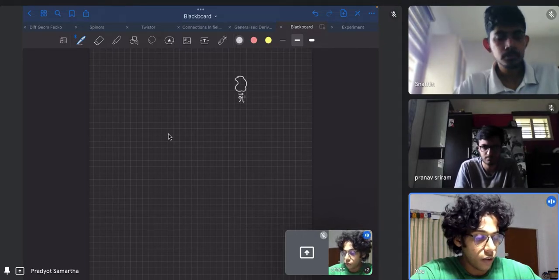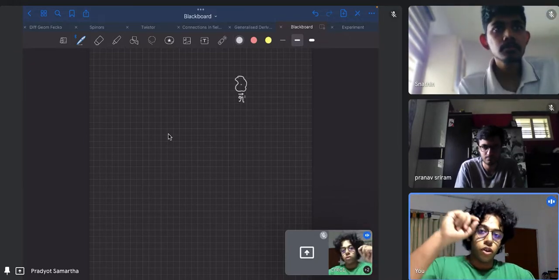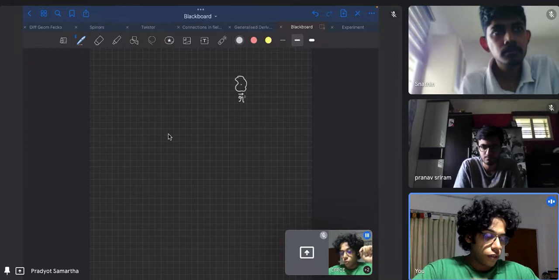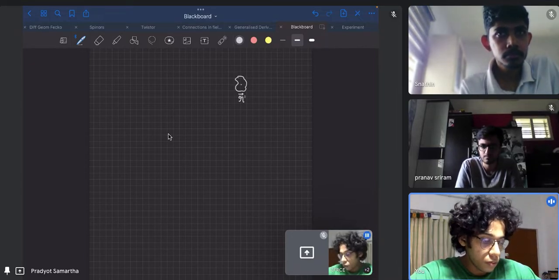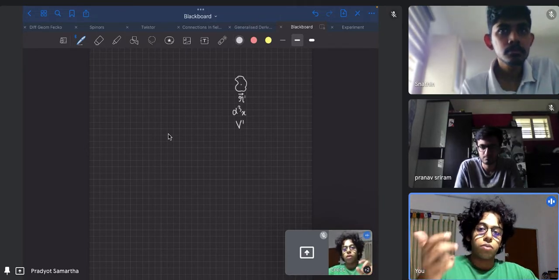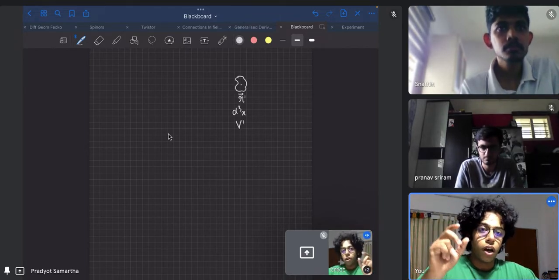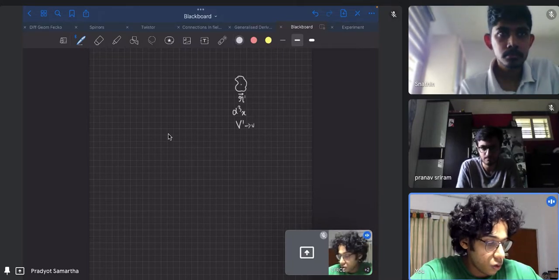Suppose we have the origin somewhere here, and there is a charge distribution around the origin with the vector r prime. The volume of this will be d3x, or v prime, corresponding to r prime. So this is the volume.